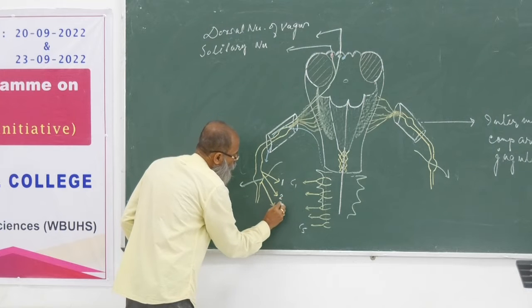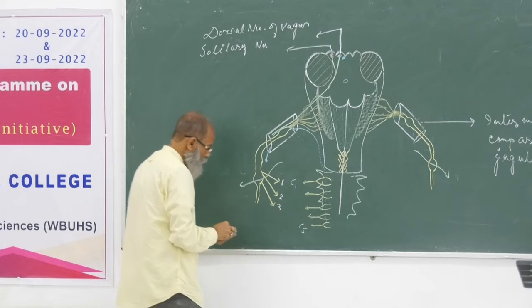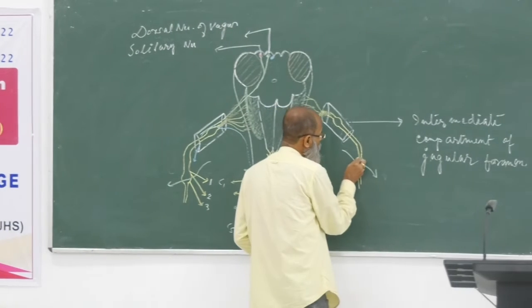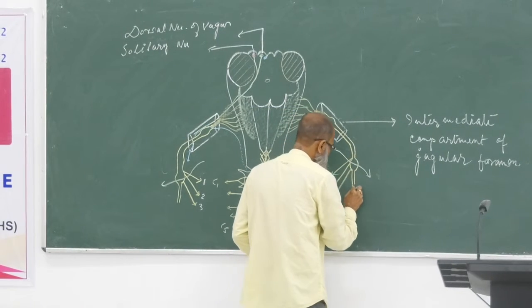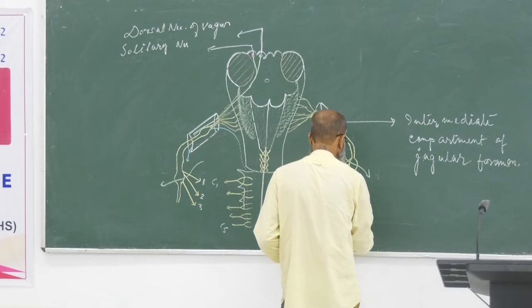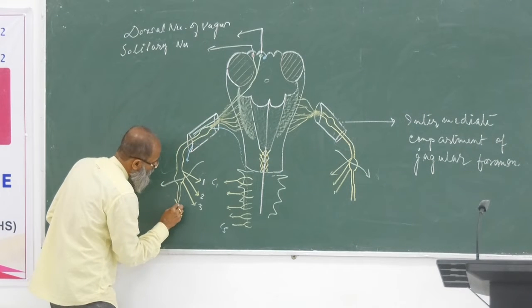And this is the vagal trunk, the trunk of the vagus nerve.